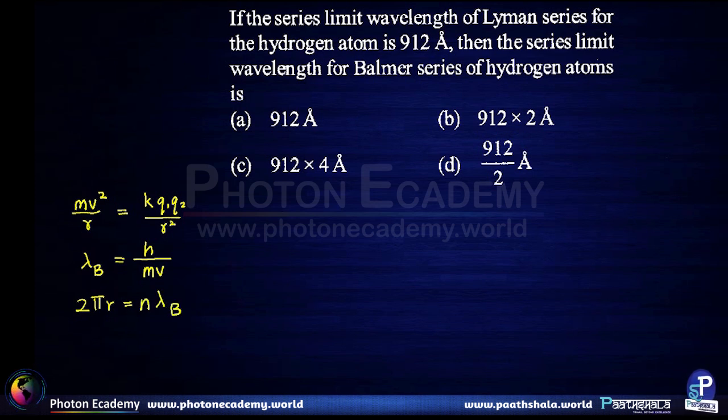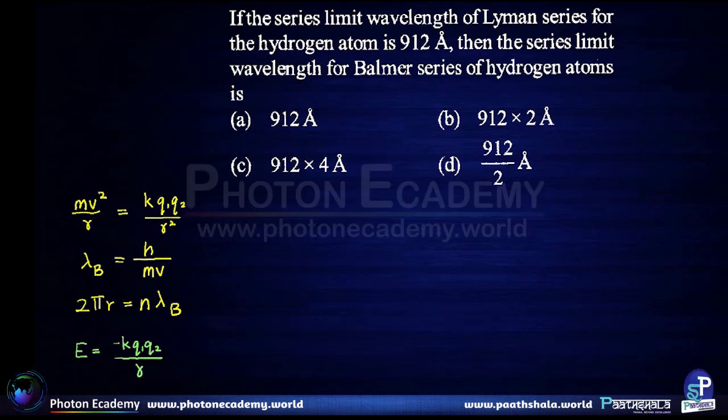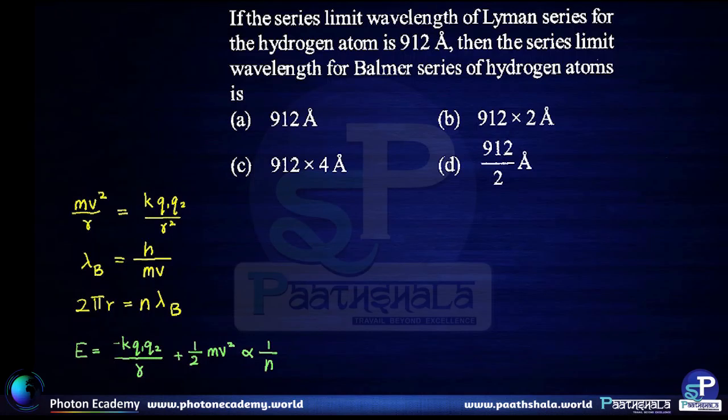Now, combining all these three conditions, if we try to calculate the total energy of an electron by adding the potential energy, which is minus k q1 q2 by r, and its kinetic energy, which is 1 by 2 mv squared, we would find out that this is proportional to 1 by n squared.